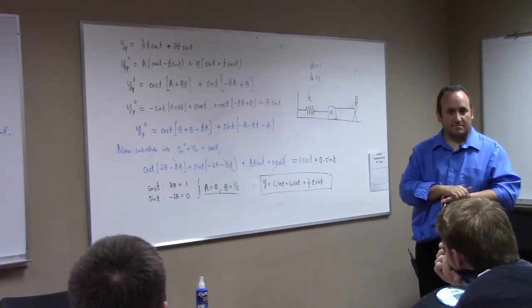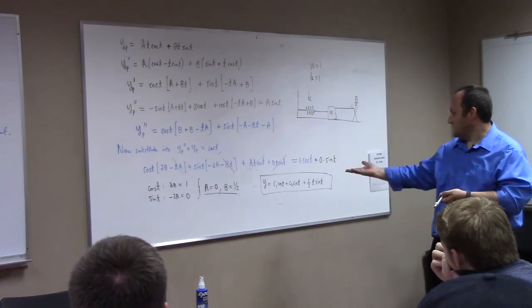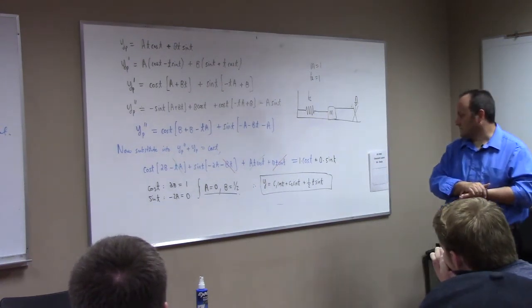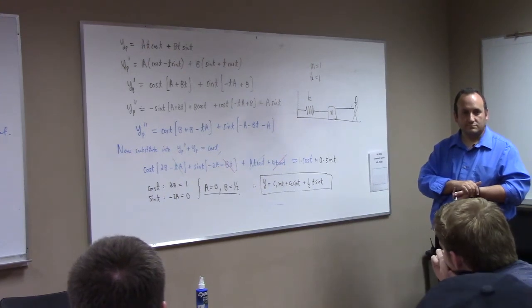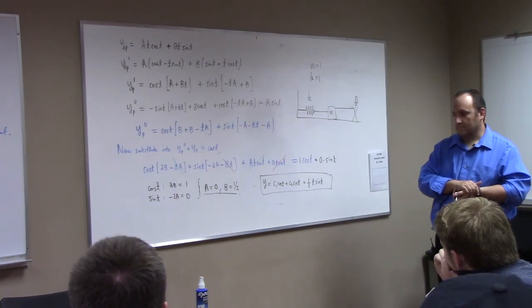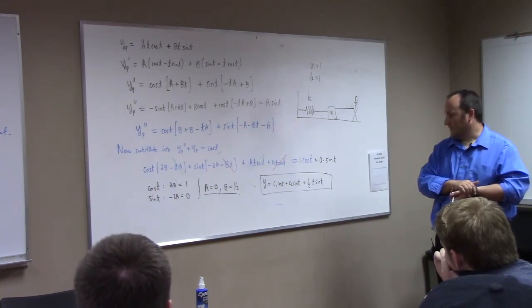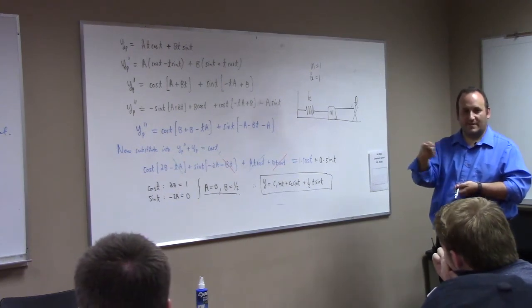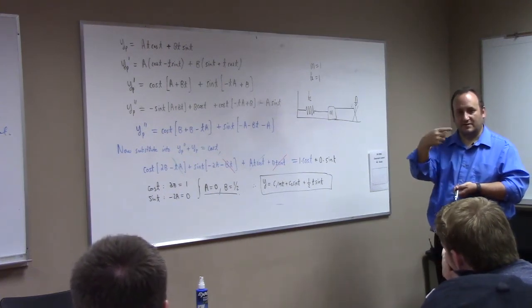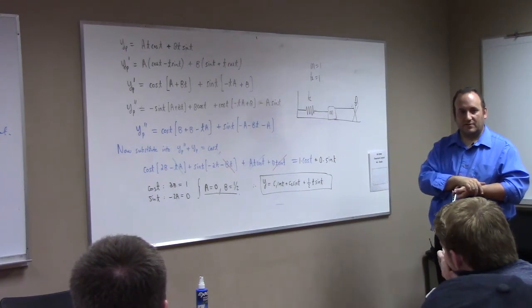What happens as t goes to infinity in my solution? I mean, sine and cosine stay bounded. Whatever that is, that part just keeps oscillating however it did start. That's the initial condition.